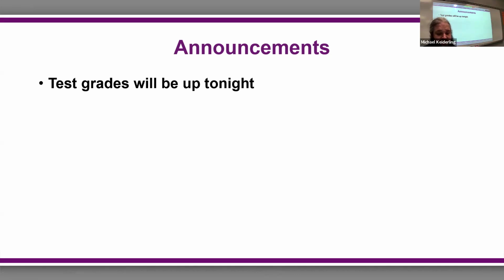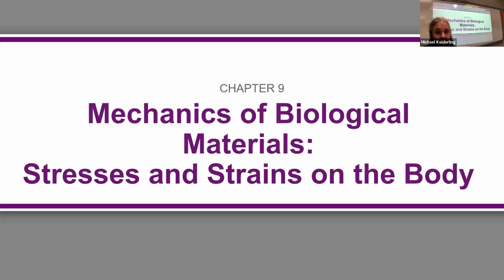And we're going to start chapter 9 on the mechanics of biological materials. So we talked about general mechanics, how things move and work. Now we're going to move on to talking about how various materials function and material properties.